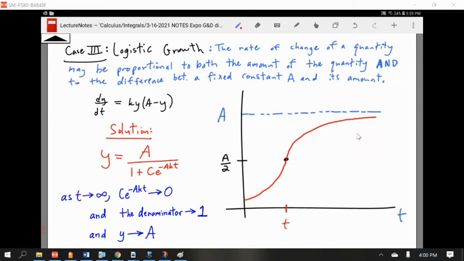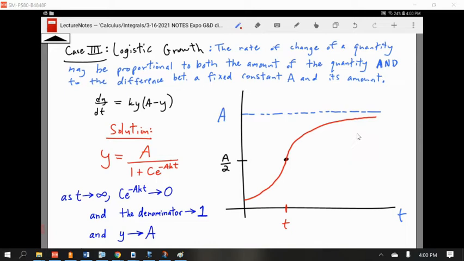That is also the place where the rate of change is happening the most, where the slope of the tangent line is the steepest, right? How do they say it here? It attains a maximum at y equals a over 2.